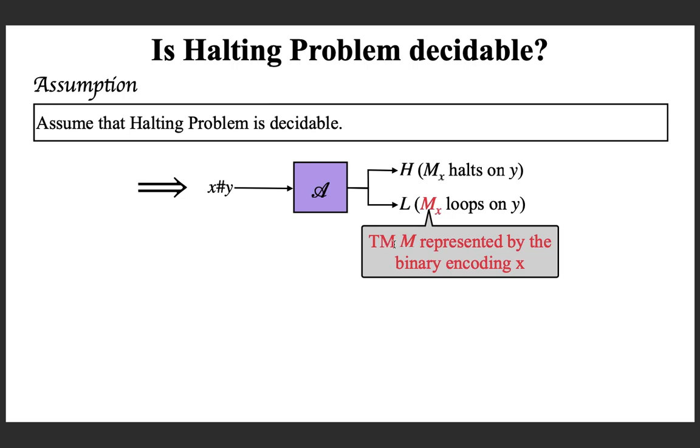It takes as input the binary encoding X of a Turing machine M, and a binary input Y to M. Note that Y is not a binary encoding, it is a binary input to the Turing machine represented by the binary encoding X. And it says either H or L. H means MX halts on Y, that is, the Turing machine M represented by the binary encoding X halts on its input Y. L means MX loops on Y. So if you assume that the halting problem is decidable, this is exactly what you are assuming.